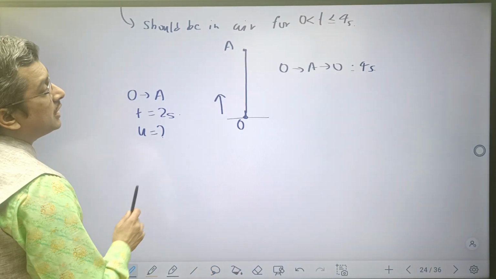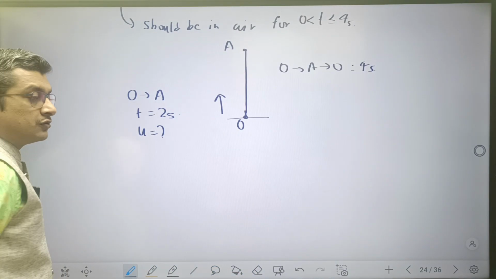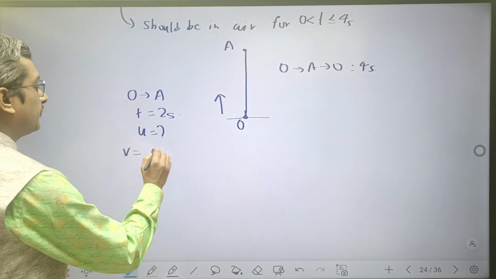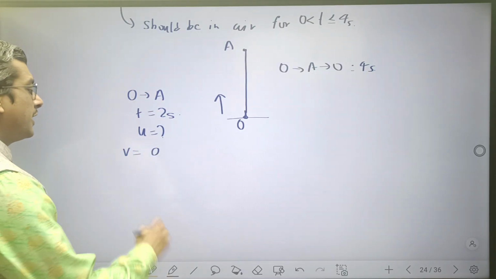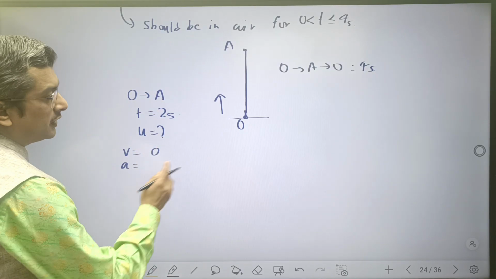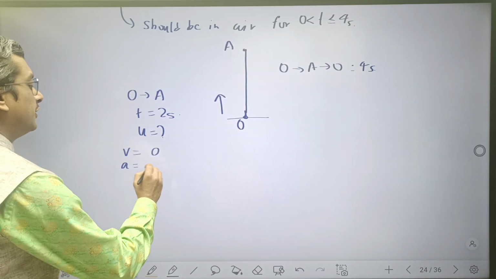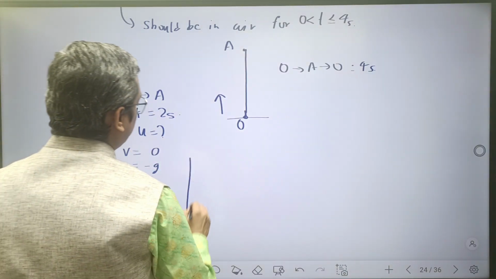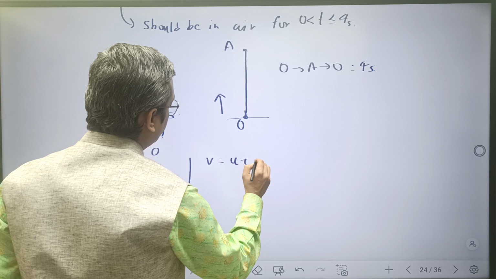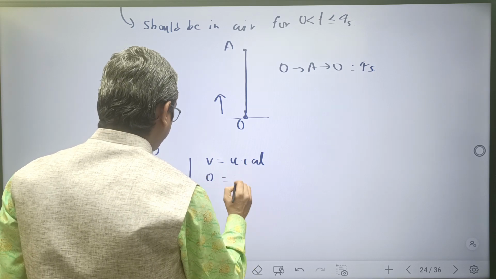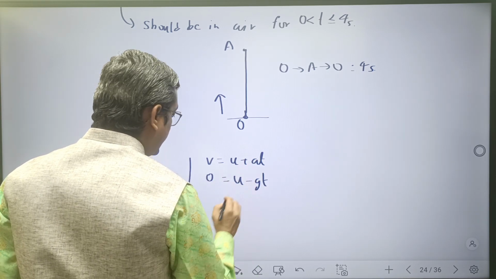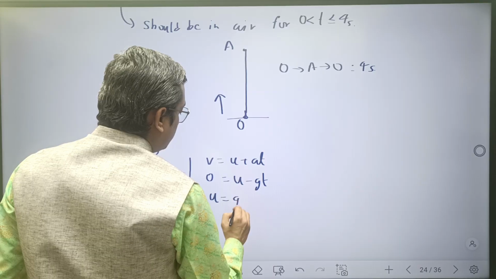So how can you find this u? The velocity at maximum height will be 0. The acceleration is minus g. So using the first equation of motion, v equal to u plus at, this is 0 equal to u minus gt, and u is equal to gt.